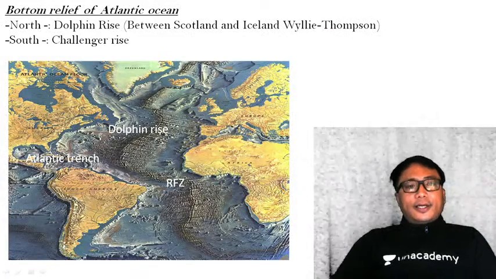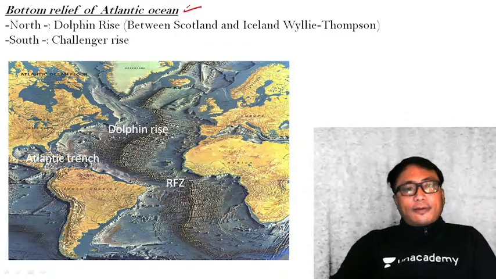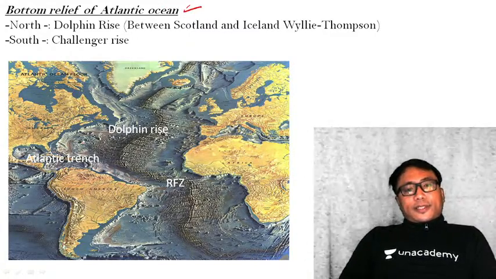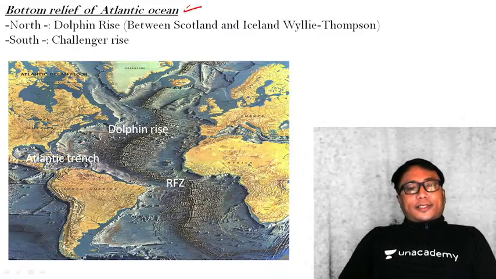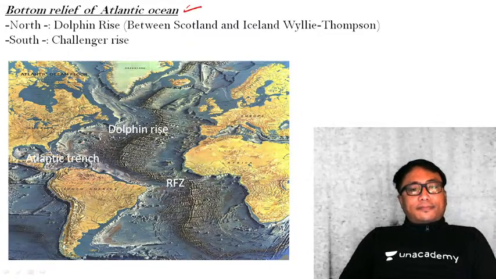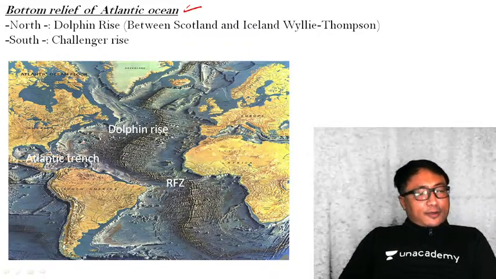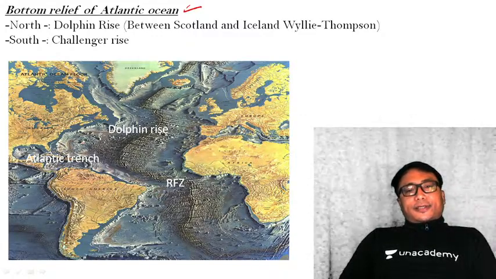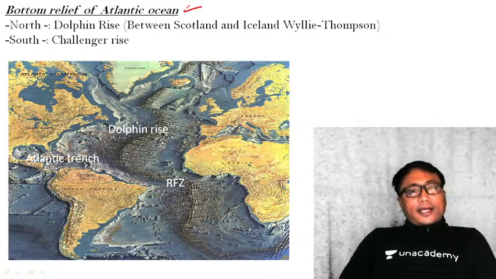Clear? The second, let us go and see the bottom relief of the Atlantic Ocean. What is the most important characteristic that you will find in the Atlantic Ocean? The figure which is in front of you is of the Atlantic Ocean.